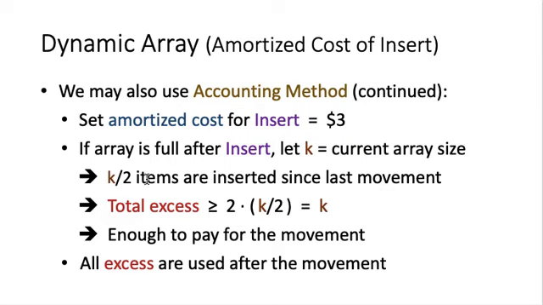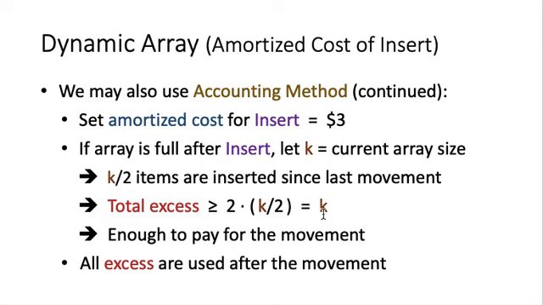So in that case, these K over 2 items that are inserted since the last movement, each will have $2 there for the excess. So altogether, there will be K dollars in total for the excess stored by these items. And these K dollars will be enough actually to pay for the movement.